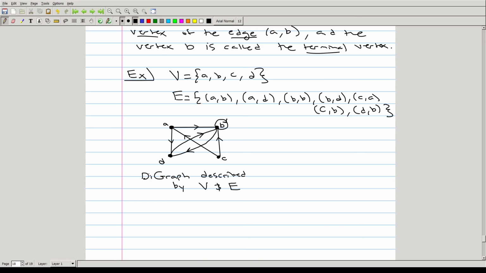So when we get into graph theory, we're really going to try and understand these a little bit better. But even now, it's a useful tool for visualizing a given relation, because we can very clearly see that E, the edge set of a digraph, is a subset of the Cartesian product of V with itself, which means that the edge set of a digraph is just a relation on the set of vertices.